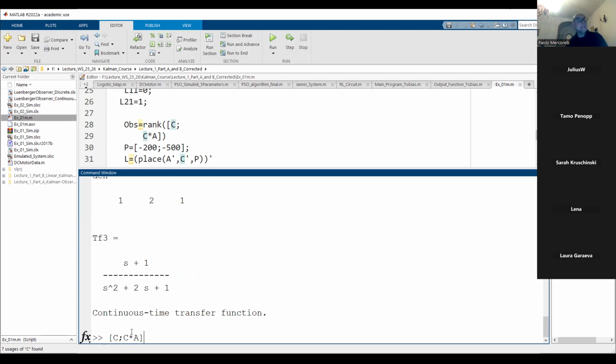And this means the observability matrix consists of just two rows and two columns, as we will see now. The first row is C, and the second row is C multiplied by A. The meaning of this matrix is to check the possible connections between, roughly speaking, the dynamics, the equations of the system.